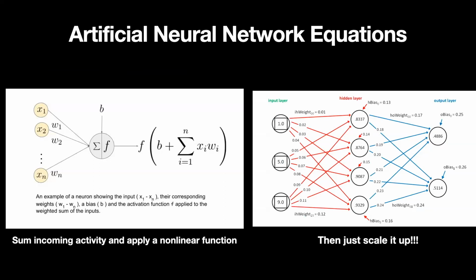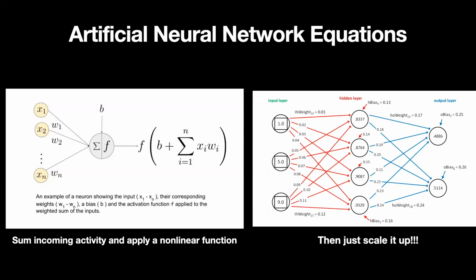So this is a single neuron, right? We can think of X1, X2, all the way to Xn as a set of neurons that are connected to this neuron. And W1, W2, Wn are all the weights of the connections to this neuron.